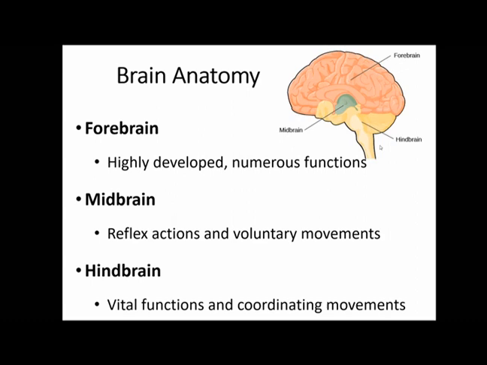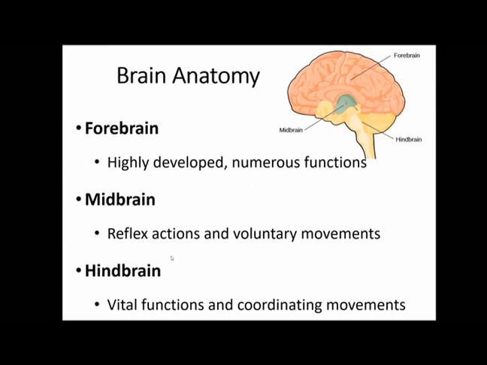And then if we go even further back to our hindbrain, those are even more basal or more basic functions. So our vital functions and also coordinating movements. Vital functions being things like breathing and digesting food, coordinating movements being like remaining upright while walking.